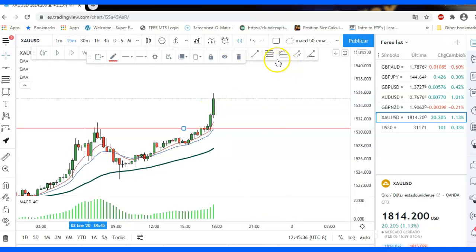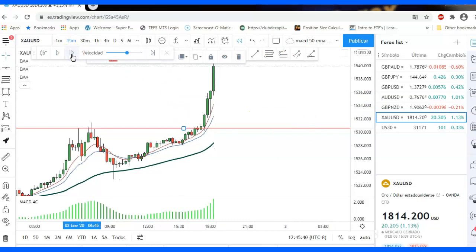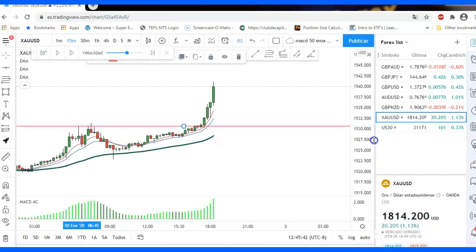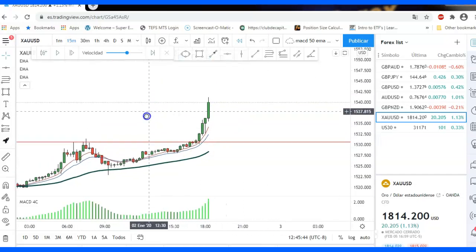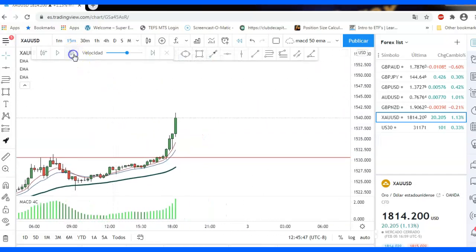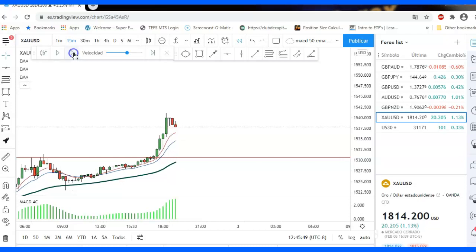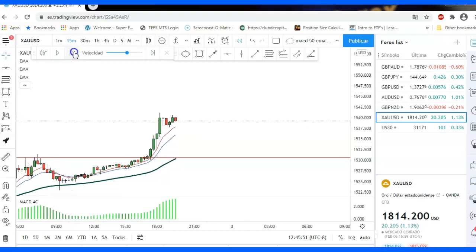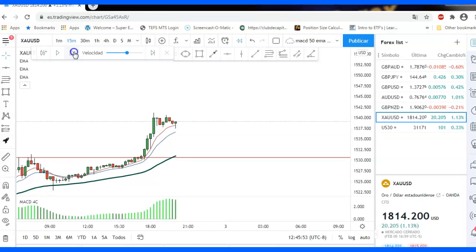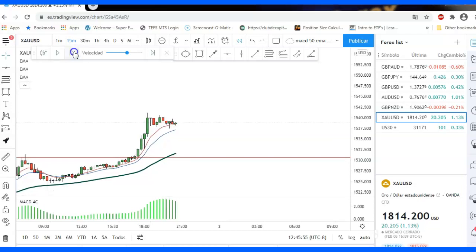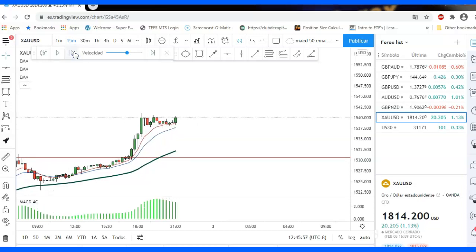Okay, so, but let's keep going. I need to see a significant retracement before anything. Wow, look at that trade. Okay, we're consolidating sideways.